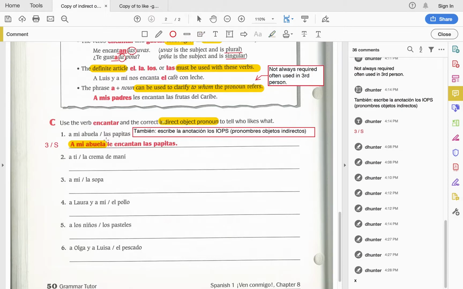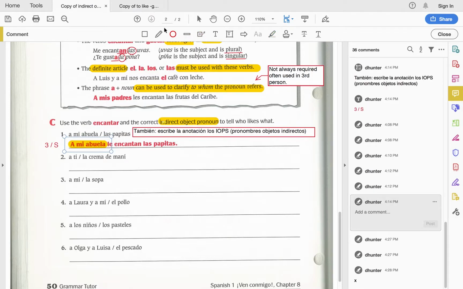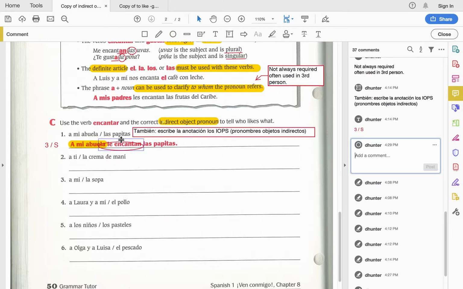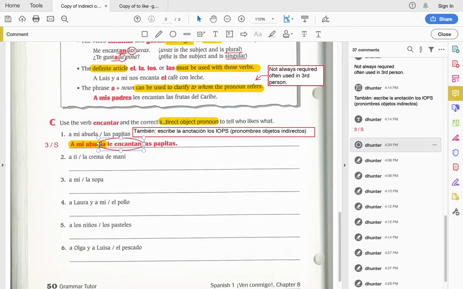All of this here was not given to you. It's important to see that you'll need to add in encantar as well as the correct IOP. After you've added both, then you'll add in the noun that they've given that is actually the subject of the sentence because it's what is pleasing.